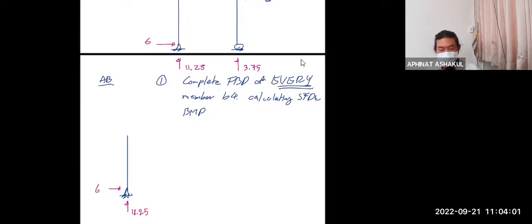You should notice by now that what we need to do is just to complete the internal forces, external forces at every edge of the member. And here is member AB. We may call this NA, and that N is B, which is where the joint B is. So it's simple enough to know that if that's 6, this has to be 6, correct? I don't need to write sigma fx equal to 0 so that you know this is 6, right? And then this is, of course, 11.25.